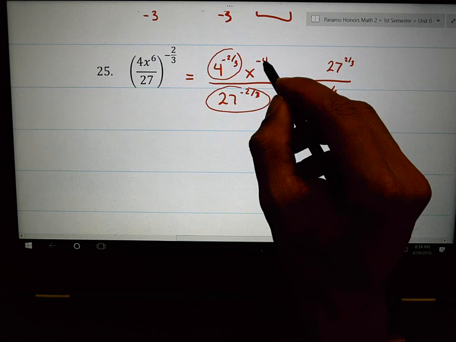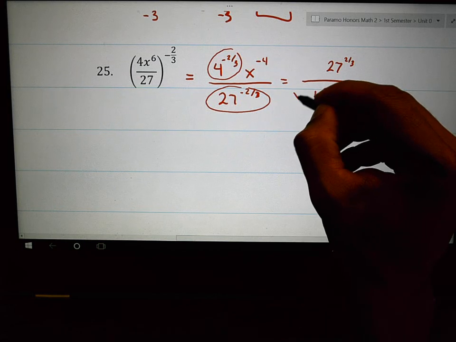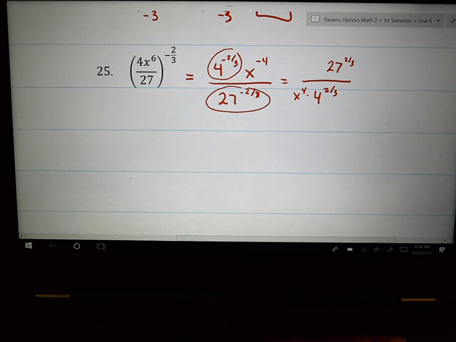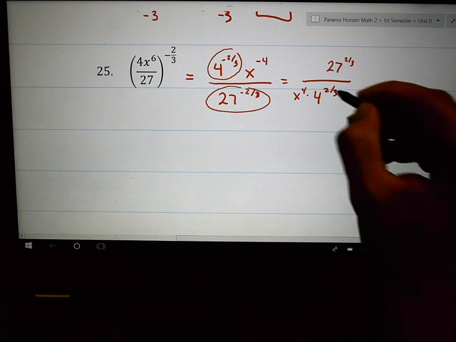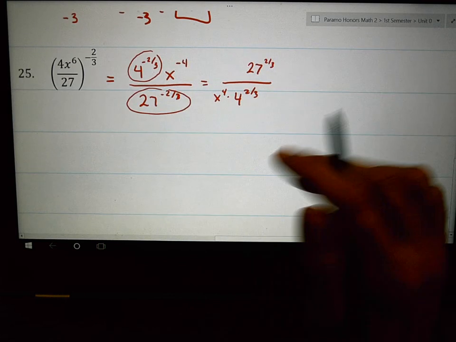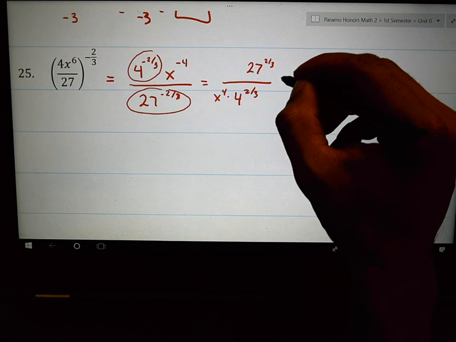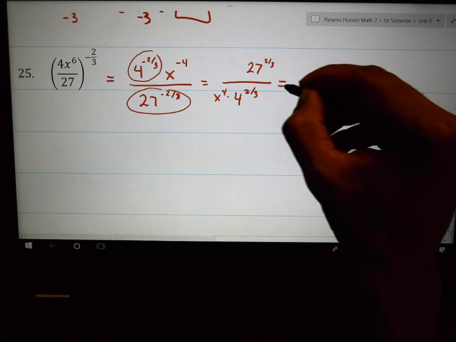And I'm going to move this one down, X to the 4th down here. Now the only thing I'm going to do from here is simplify as best as I can.